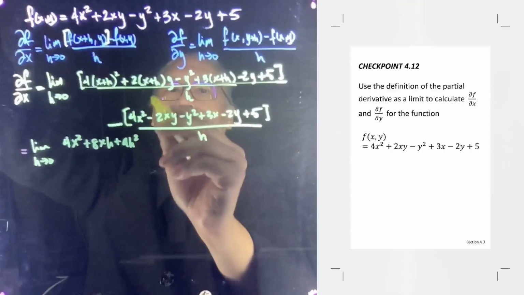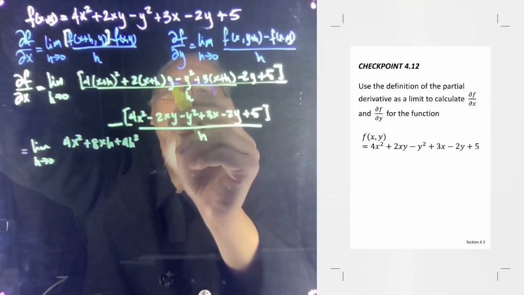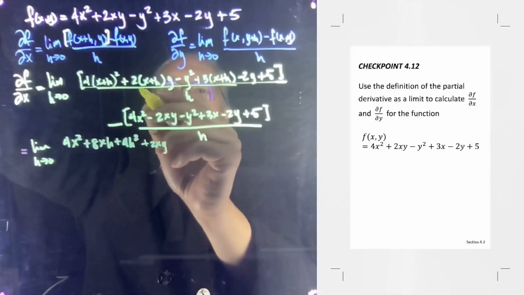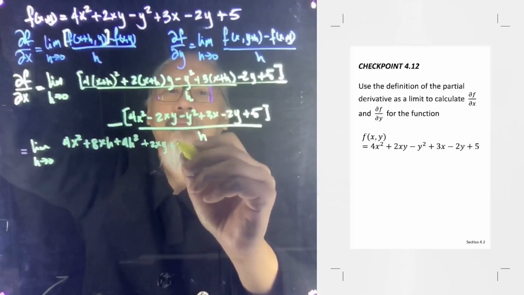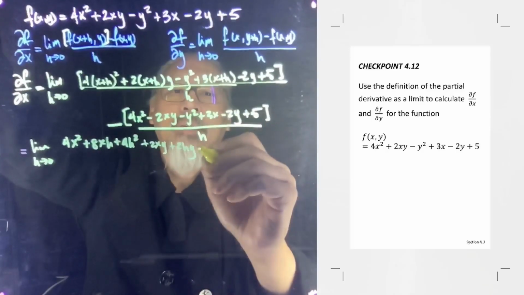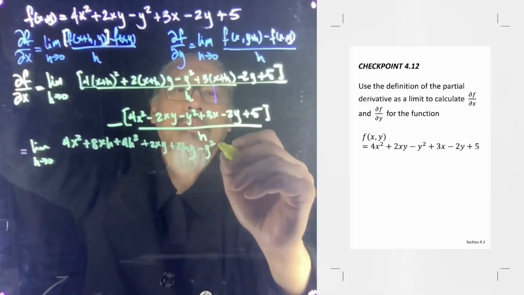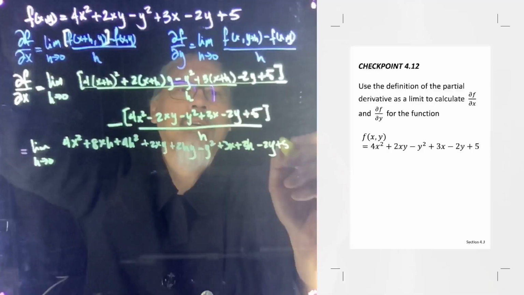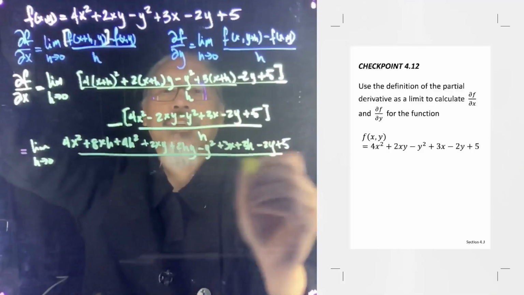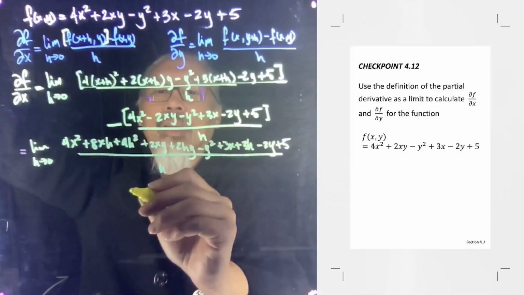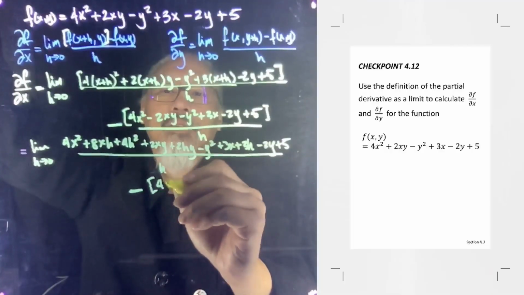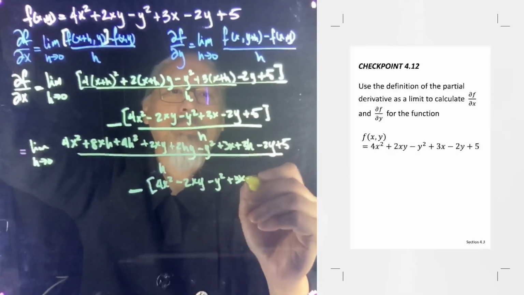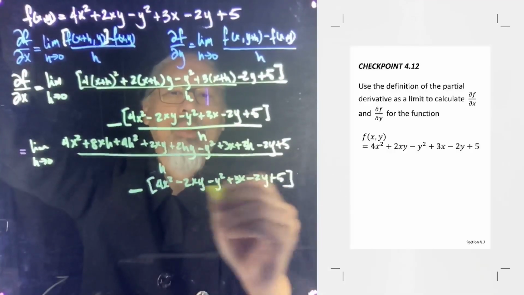Then we distribute the 2: 2xy and 2hy. We have a regular y squared, and plus 3x plus 3h minus 2y plus 5. This is all over h. And then we're also subtracting the 4x squared minus 2xy minus y squared plus 3x minus 2y plus 5, all over h.